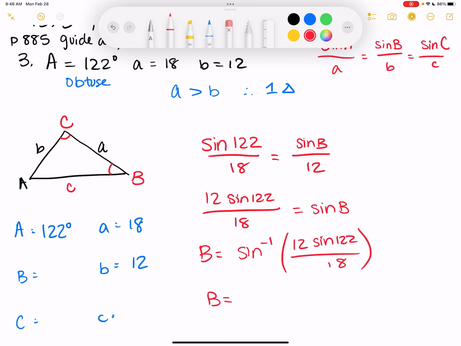34 degrees. I don't know how to type in my calculator. So I would probably do this part first. I would do 12 times the sine of 122 and then hit enter. You did the whole thing? Yeah, I mean you can. It just makes it easier, well, sometimes.